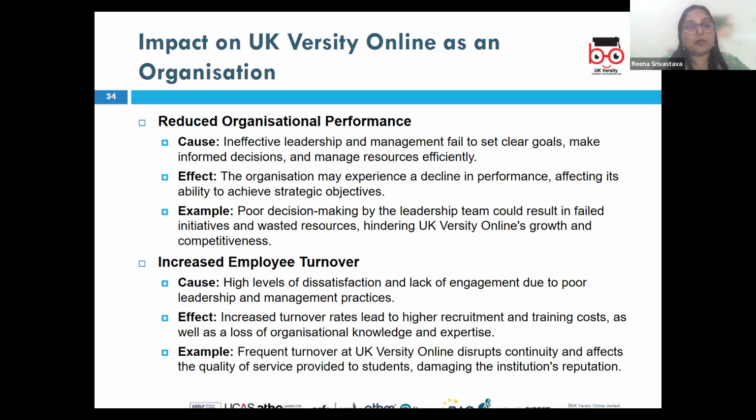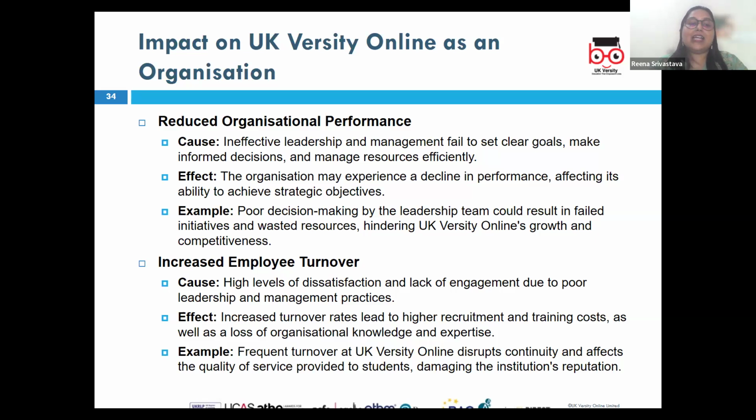Again, the impact on innovation in the case of Kodak and BlackBerry, where there were technological advancements, and they failed to adapt to them, leading to a fall in their leadership position, and the competitors were able to capture the market.